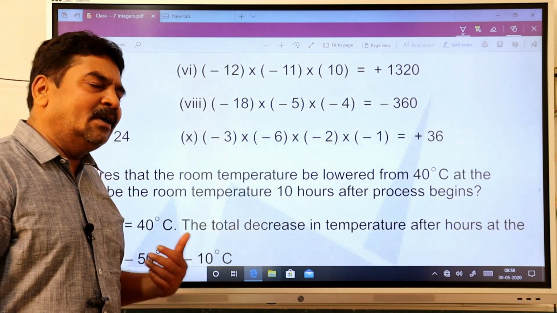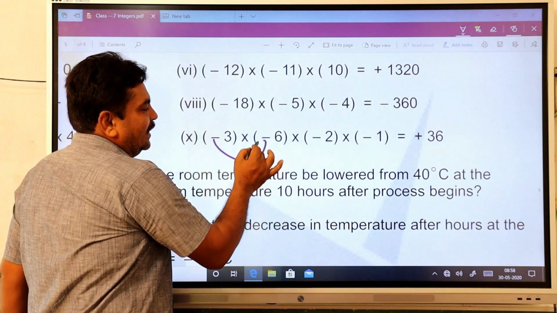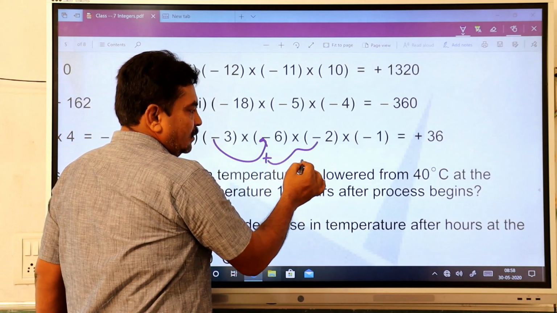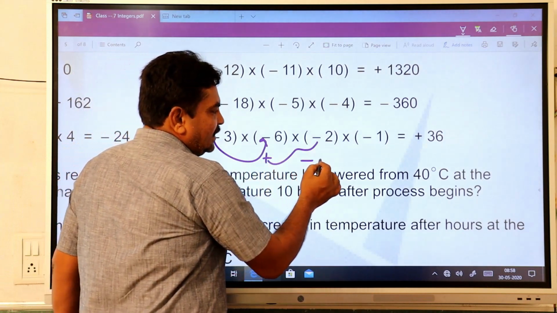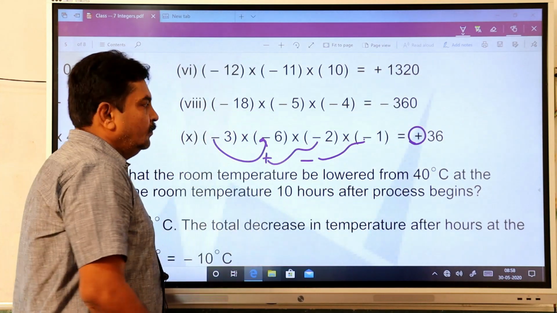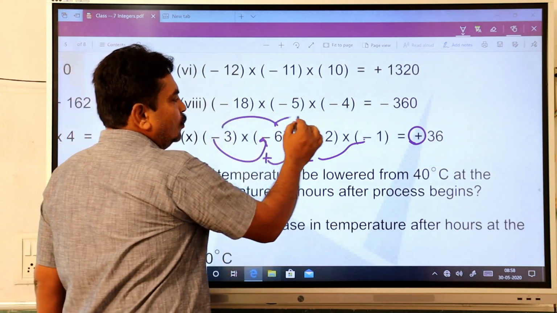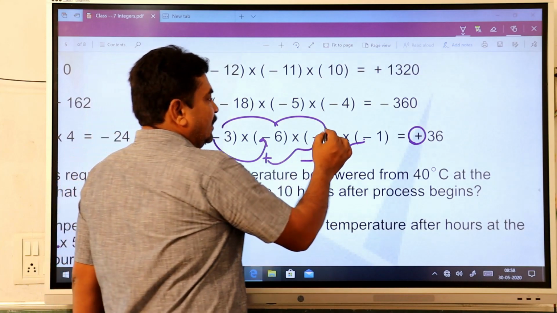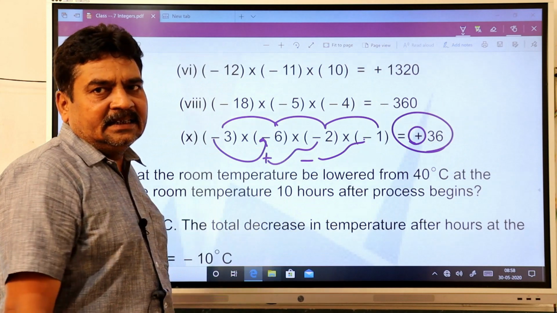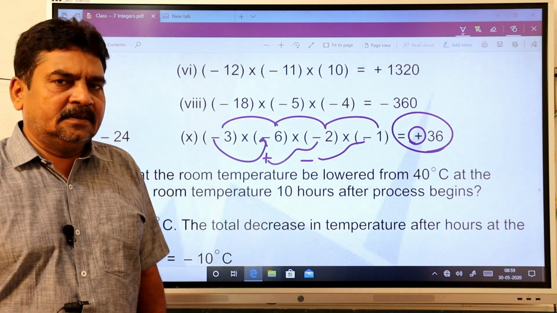The only thing you have to understand is, see here, minus into minus is plus. Plus into minus is minus. Minus into minus becomes plus. Then 3 sixes are 18. 18 twos are 36. 36 ones are 36. So this is your answer. It is very easy. First you multiply the symbols, then you multiply the numbers.